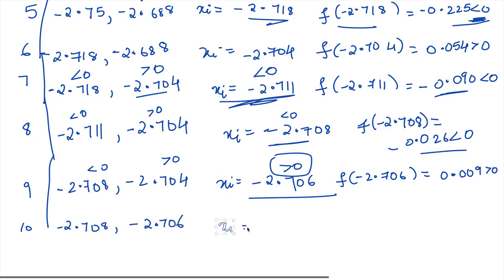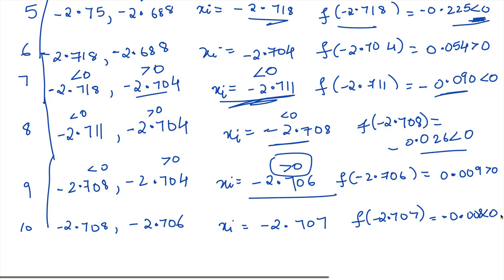What is xi? Minus 2.708 plus minus 2.706 divided by 2, which is minus 2.707. F of minus 2.707 is minus 0.008.